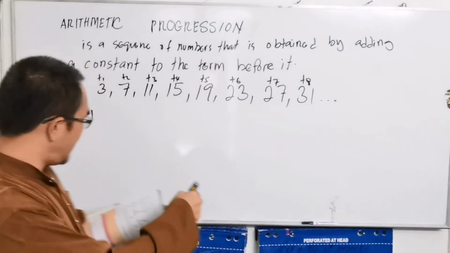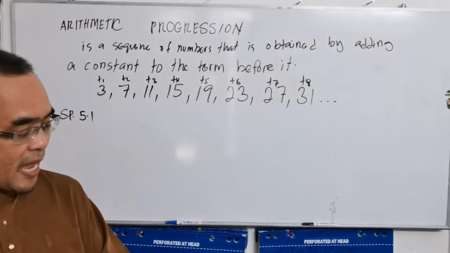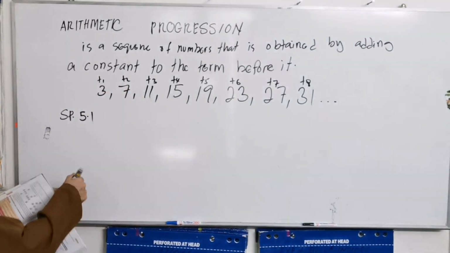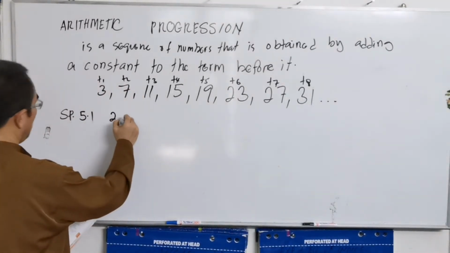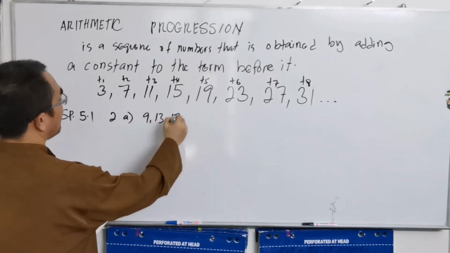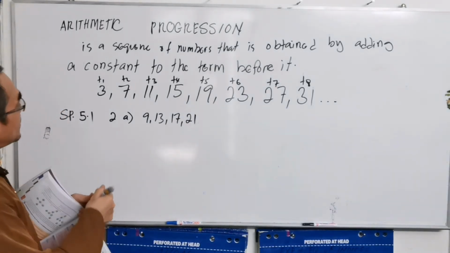Okay, let's continue with number 2. Determine whether each of the following sequences is an arithmetic progression and give your justification. So number 2, A: 9, 13, 17 and 21. Is it an arithmetic progression?